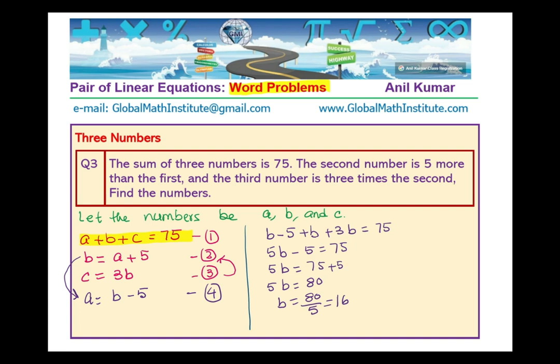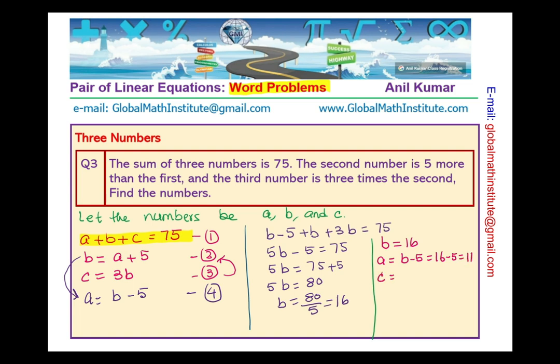So now we know that B is 16, right? So we can find other values also. We get B as equal to 16. A is B minus 5, which is 16 minus 5 equals 11.